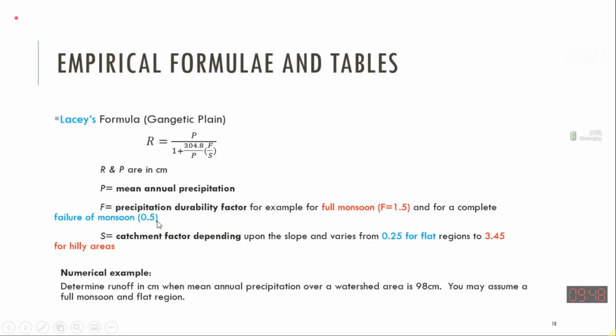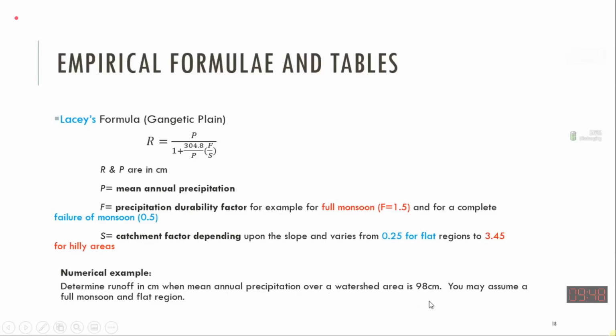In between, the user has to use his judgment about what the F value should be. S depends upon the slope and varies from 0.25 for flat slopes to 3.45 for hilly areas. Further, to see how he described flat and hilly areas, we have to look into the research published by Lacey himself. We have the upper and lower bounds given by Lacey over here.